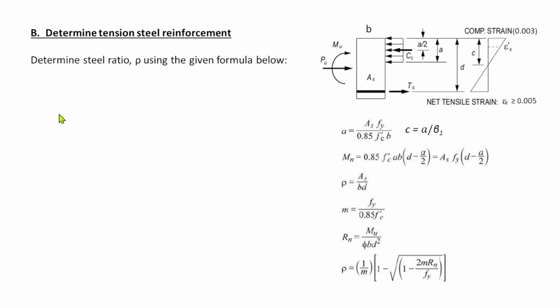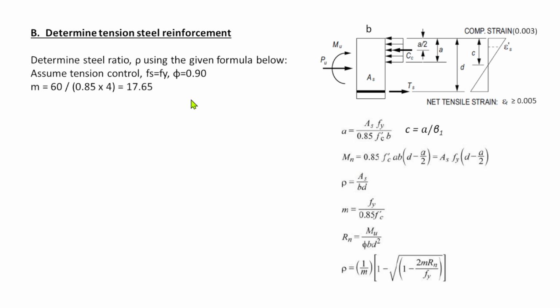So now we will calculate the steel ratio of the steel, assuming that the tension steel yields. So we will assume that it is tension controlled, so that we can use the yield strength of steel Fy, and phi is 0.90.